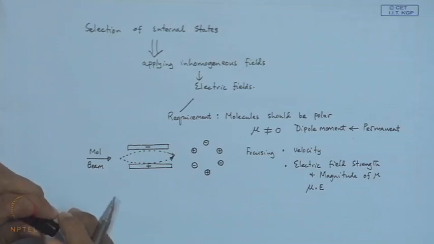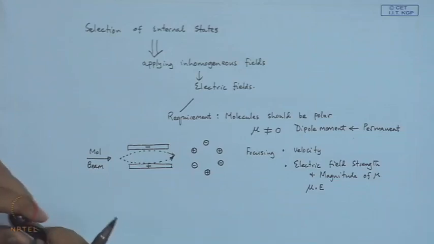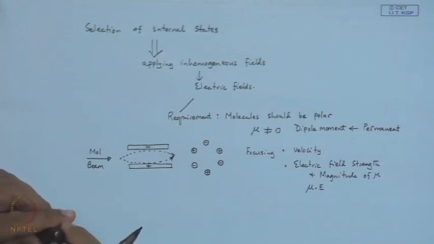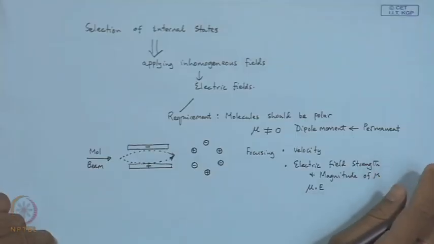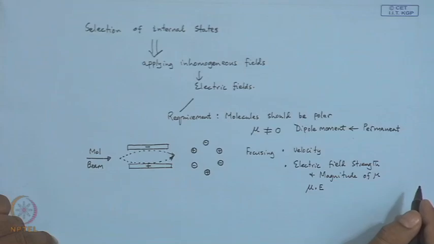Next, you can select internal states. One option is an inhomogeneous electric field. Using an inhomogeneous electric field, you can select internal states. There is another means, which is called the laser excitation method.